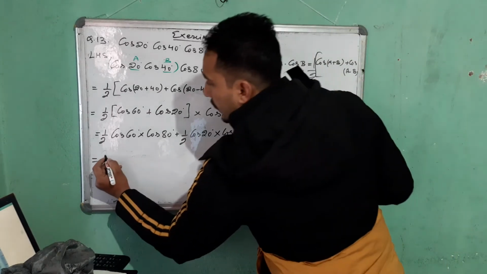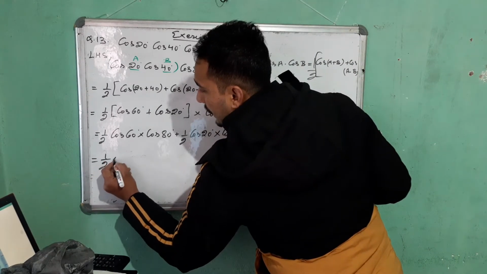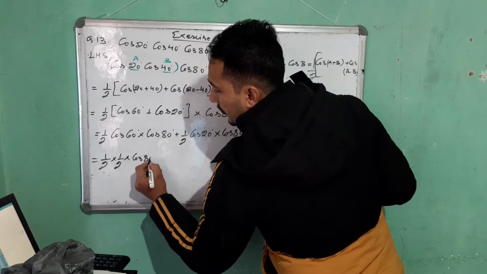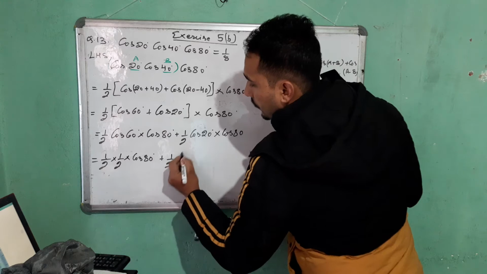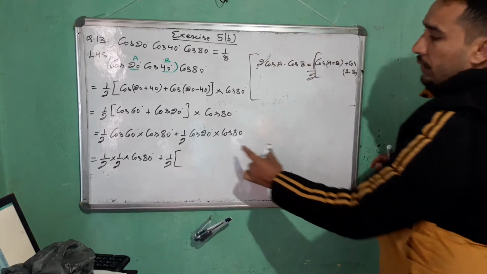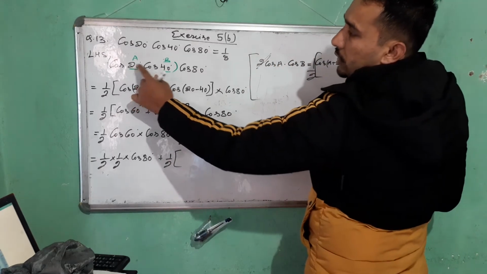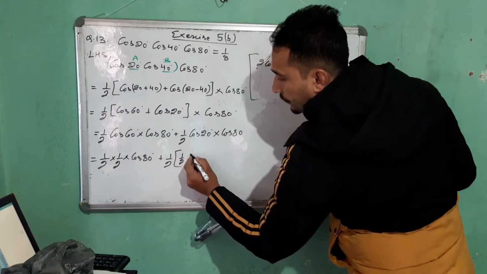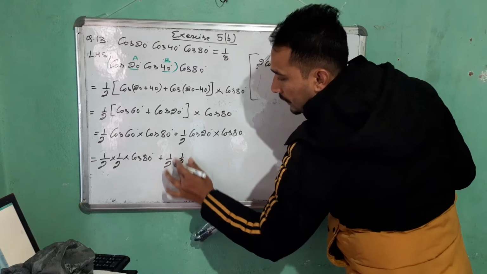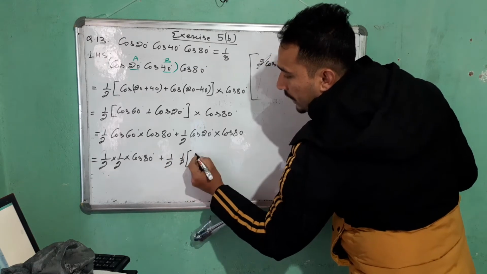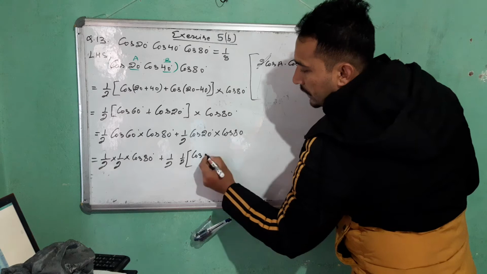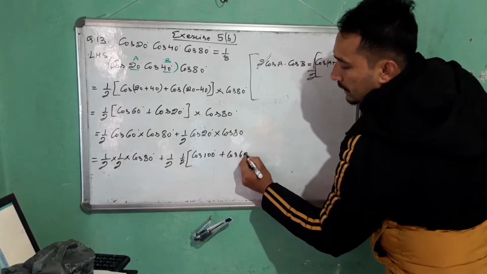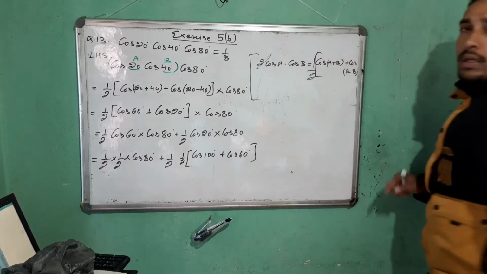Now put the value of cos 60 degree. 1 by 2 cos 60 degree is half into cos 80 degree, plus 1 by 2. Here you use the same formula, cos A cos B, okay. 1 by 2 of cos A plus B, cos 20 plus 80 is 100, plus cos A minus B, 20 minus 80 is 60, it will be minus 60.